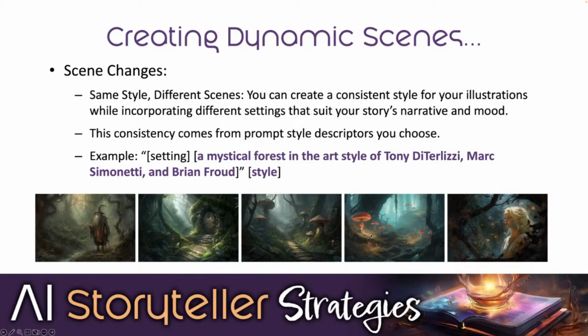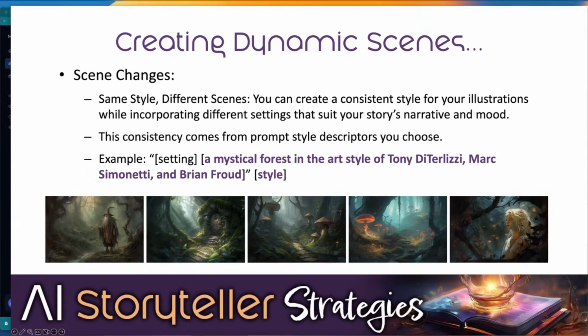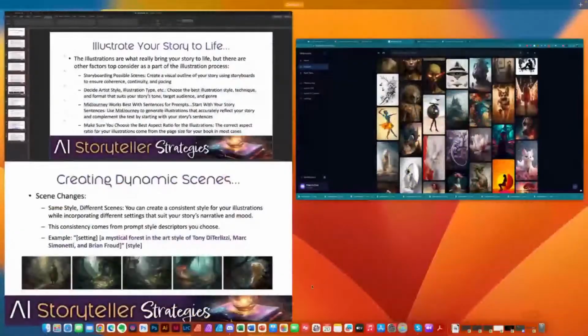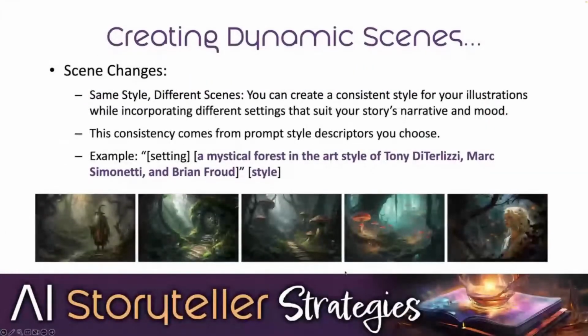Okay. And that's all that changed. And so one of the great benefits of taking that approach is that it just makes it a lot easier to actually generate consistent illustrations. And that's what we're after.